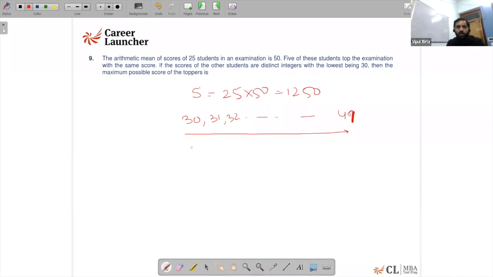So let's identify the possible sum for the top 5 students, which equals 1250 minus the sum of these values. So these are 20 natural numbers, and the sum of 20 terms in an AP is nothing but n by 2 into first term plus the last term.